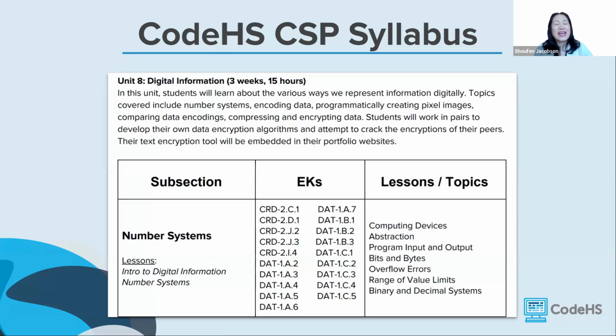And you can also change the sequence of the units. For example, if you want to teach through the CED order, big idea 1, creative development, big idea 2, data, you will change the sequence of the units. For me, I go with the CED order.